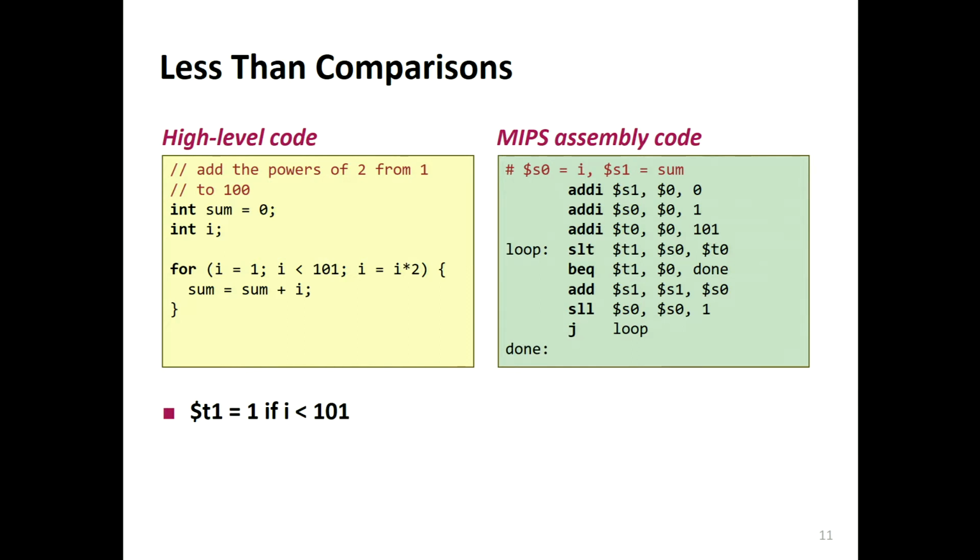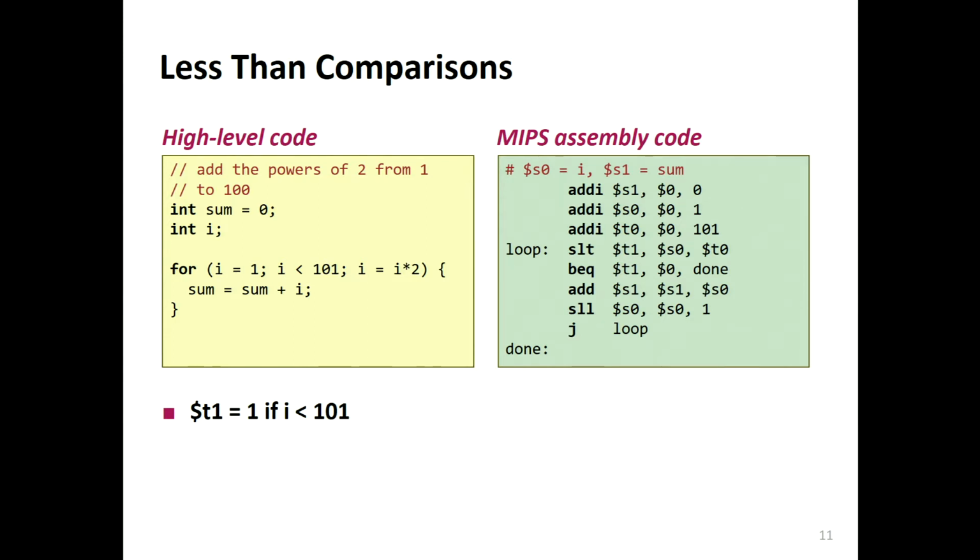What it does is it compares the values in S0 and S1. And if the value in S0 is smaller than the value in S1, then T1 will be set to 1. So set less than is simply saying that if this is less than this, then this value will be set. By setting a value, what I mean is setting it to the value of 1.